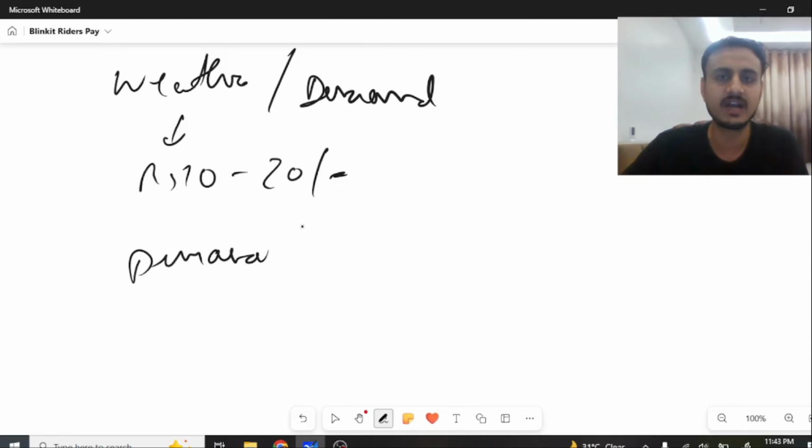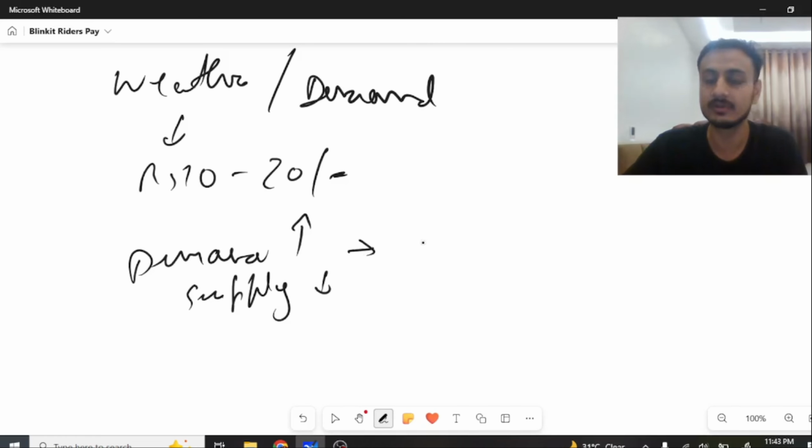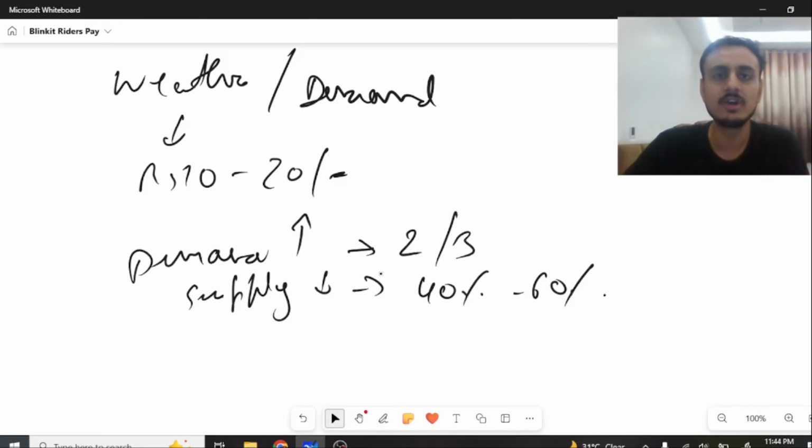More customers start ordering such products, and the supply goes down, and even the numbers show that demand sometimes becomes double or triple, whereas the supply reduces by somewhere between 40% to 60%. So ideally you have to incentivize your riders to work during extreme weather conditions, be it rain or any other thing, so that you are able to cater to the demand.